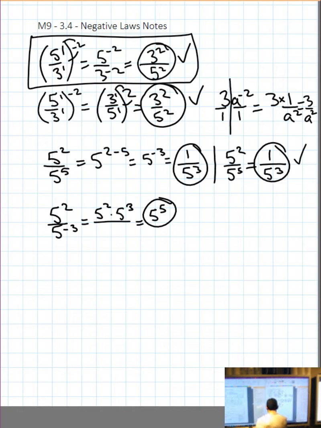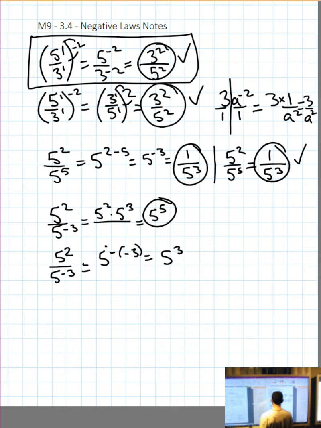Or 5 squared over 5 to the negative 3, and then I'm going to use a division rule so I can subtract. So it's going to be 5 minus negative 3. 2 negatives side by side makes a positive, so we get 5 to the 3. Excuse me, I forgot the 2 on top.